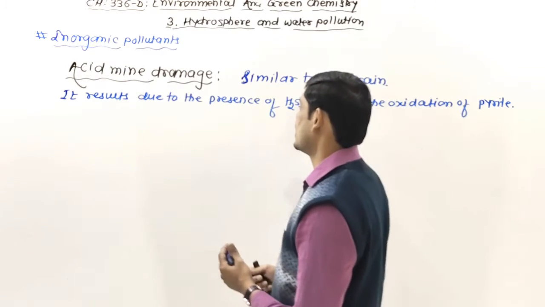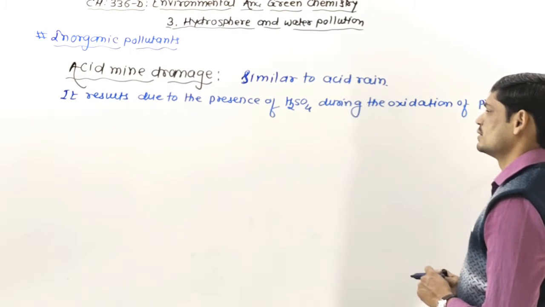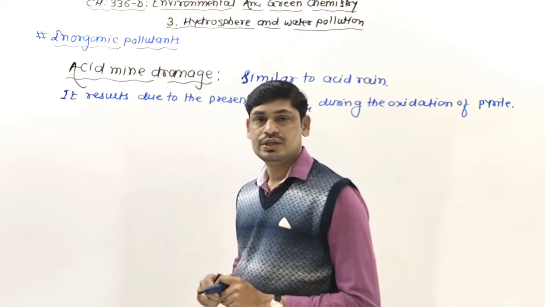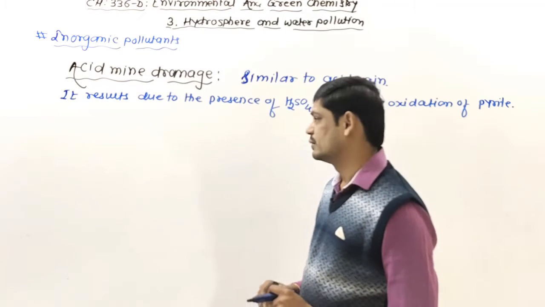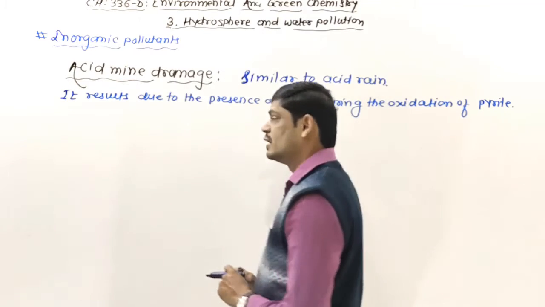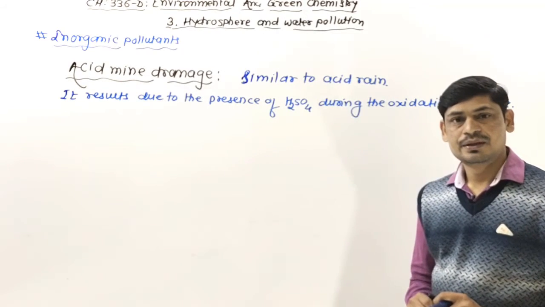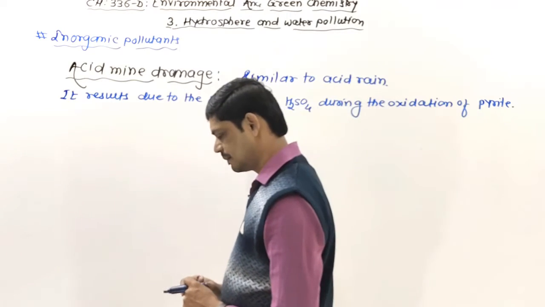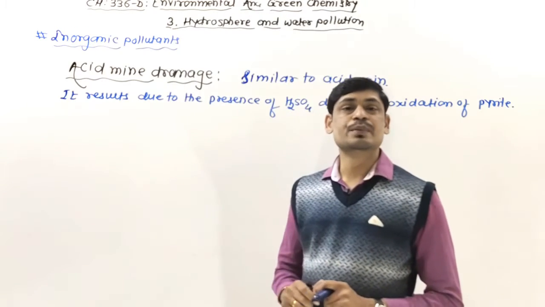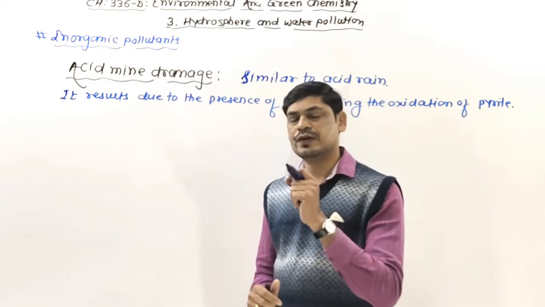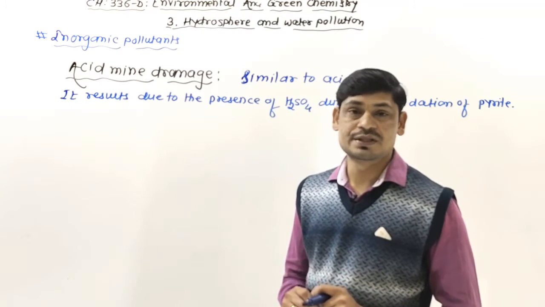So acid mine drainage results due to the presence of sulfuric acid during the oxidation of pyrite. In fact, microorganisms play an important role during this process. It involves two to three important steps. In the first step, oxidation of iron pyrite into Fe2+ takes place.